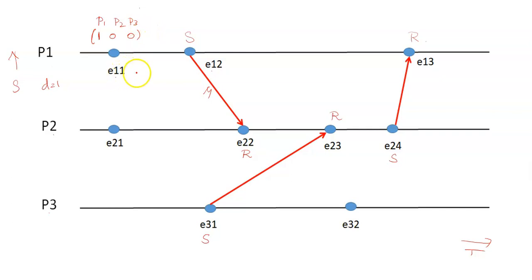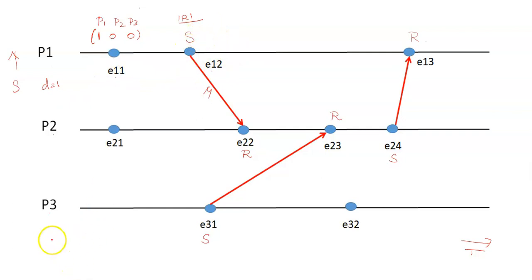Right? Now, when calculating the timestamp vector of E12, as usual, we have to take the rule. E12 is a successive event of E11 belonging to the same process P1. So IR1, implementation rule 1, is applied. Implementation rule 1 says what? You have to advance the element of the particular ith process by the D value, right?